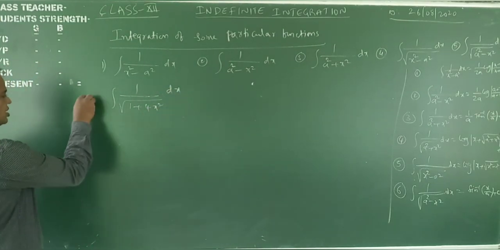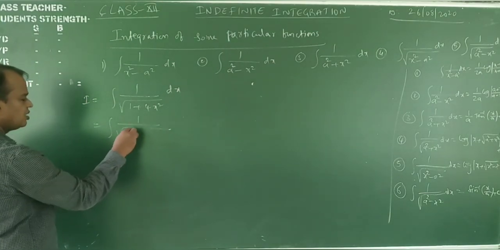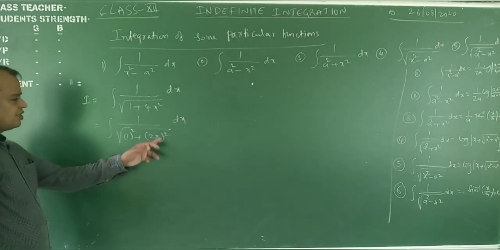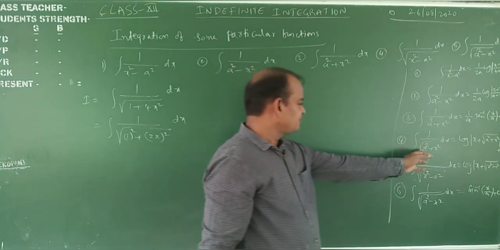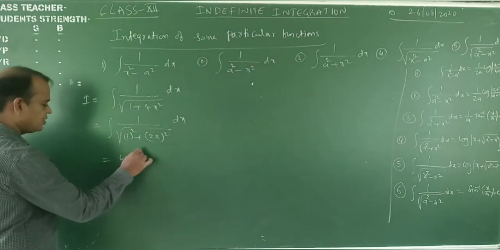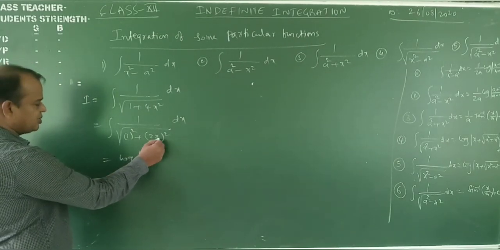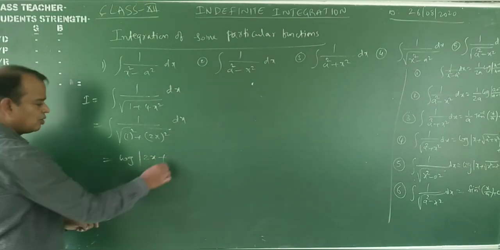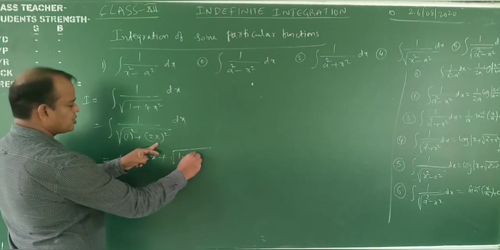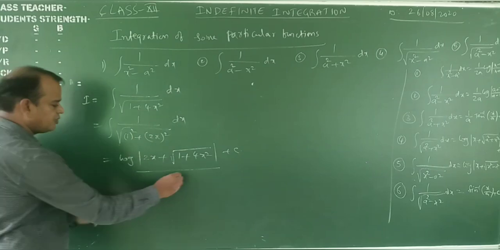Observe that I is equal to the integral of 1 by root over 1 square plus 2x whole square dx. Which formula? The 1 by root a square plus x square formula, which gives log of x plus root over a square plus x square. So here it is log of 2x plus root over 1 plus 4x square plus c, divided by 2, since the derivative of 1 is 0 and the derivative of 2x is 2.